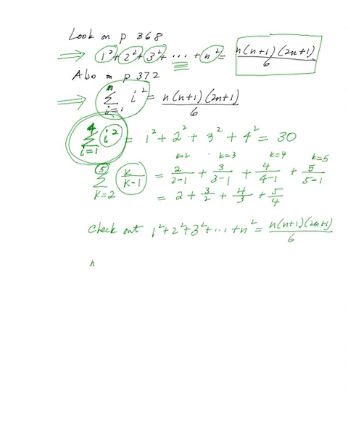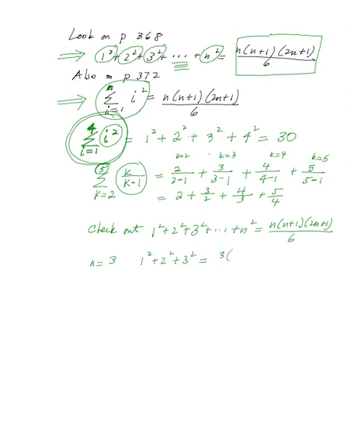Let's check it out for n equal, oh, somebody give me a value of n. Somebody said 3. Okay. 1 squared plus 2 squared plus 3 squared. I'll stop with n being 3.